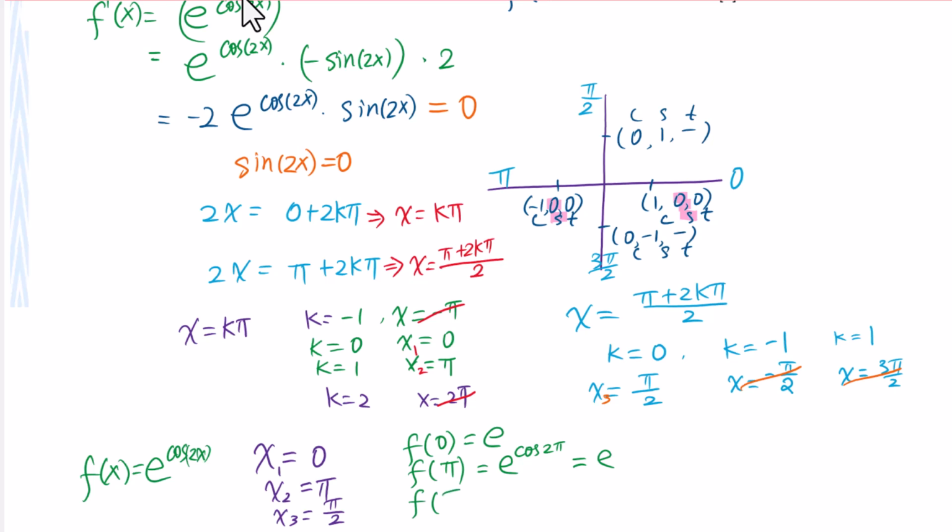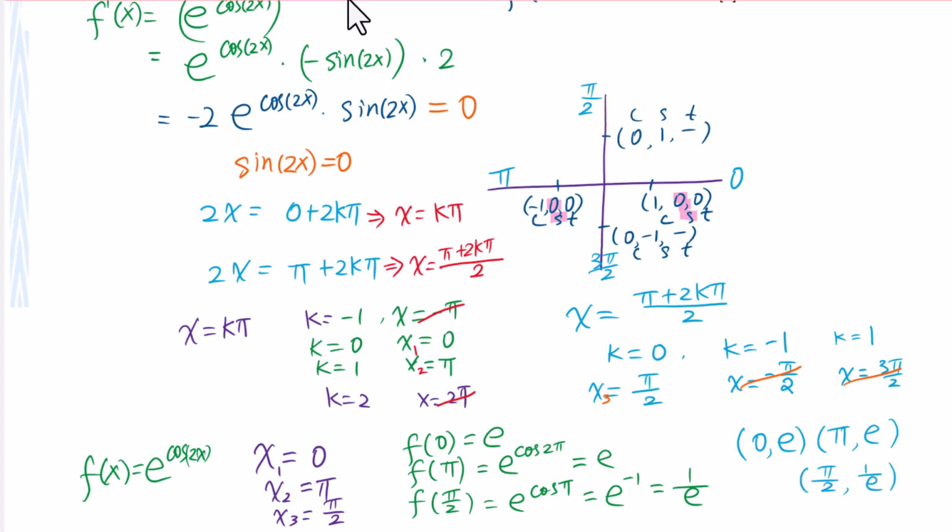F of pi over 2 equals e to the power of cosine pi equals e to the power of -1, which is 1 over e. So the coordinates will be 0, e, pi, e, pi over 2, 1 over e.